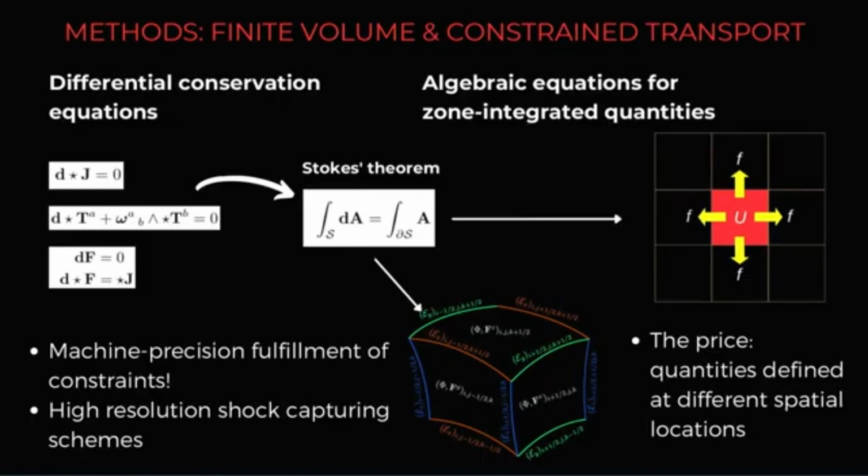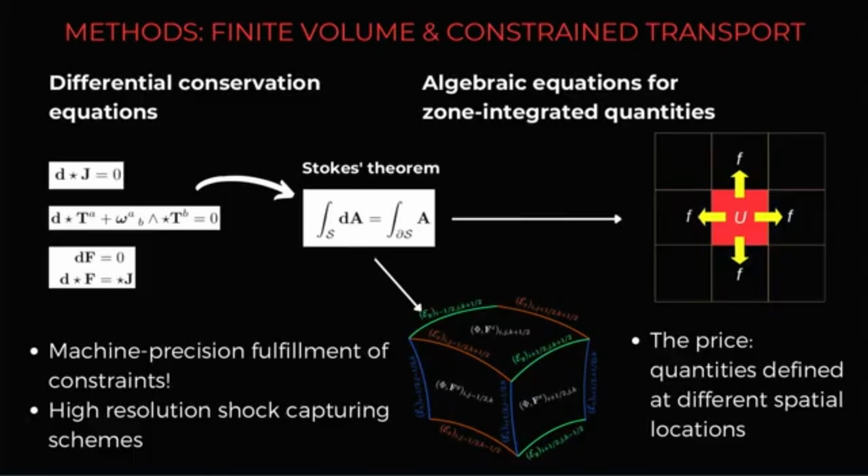So if we evolve this cell and also this cell using the same numerical flux at the interface, if we integrate the total of the conserved quantity in the domain in one snapshot, and we do it again in the next snapshot, this same flux will appear with opposite signs in the evolution equation for this cell and the evolution equation for this cell. So it will cancel out, and we will be conserving the quantity to machine precision, which is better than, for example, using the conservation that one could get using plainly finite differences.